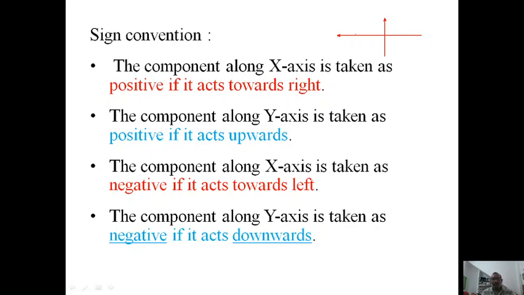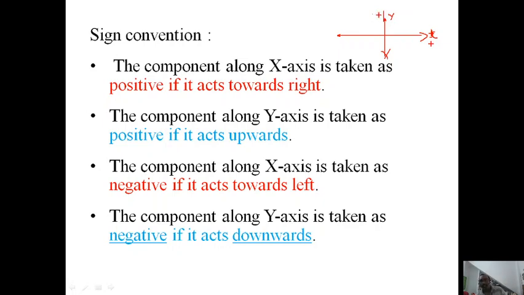So this is the axis we have, and this one is the positive x-axis, this one is the negative y-axis. So here it is positive, and here also it is positive.